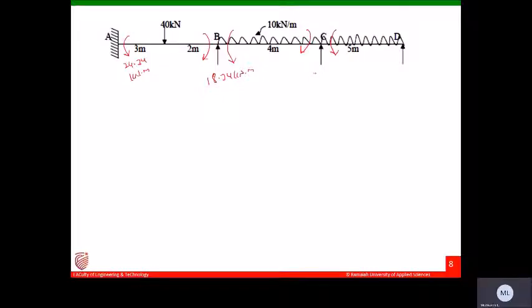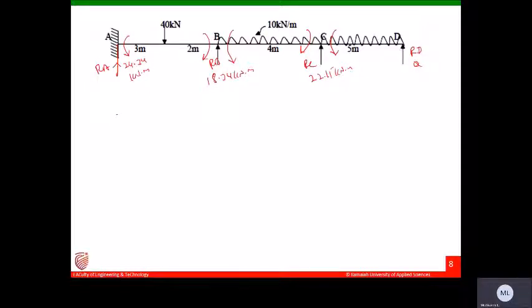Okay, how much is it? You got 22.15 kilonewton meters, and this is 0 you got. So let us say you need to find out the support reactions. Let us say this is RA, this is RB, this is RC, and this is RD.